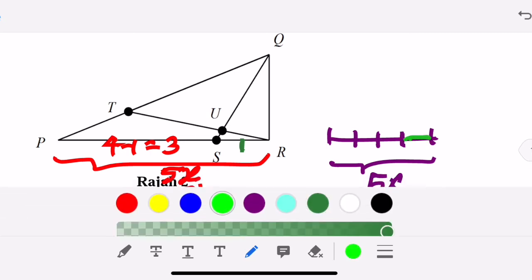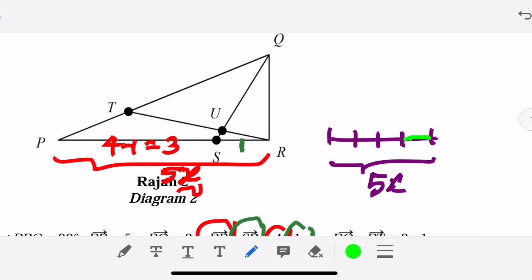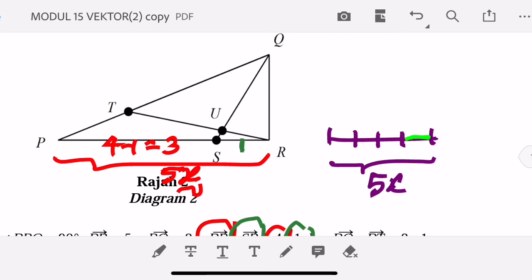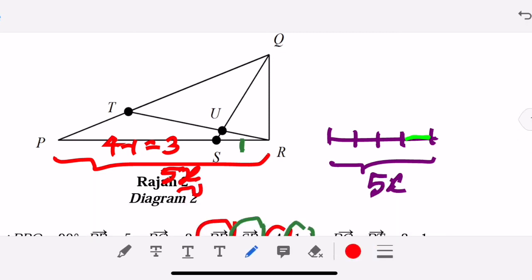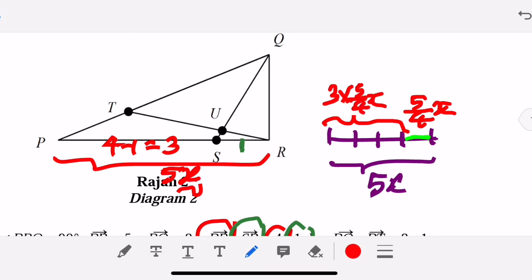Okay, for the green one, which is just one portion, S to R, is actually 5x over 4. Understand? So the balance will be 3 times 5x over 4. Alright? Make sure you understand the basic concept of the ratio. 3 times 5x over 4.